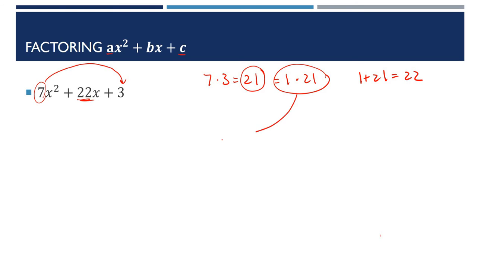So I'm going to use these two numbers over here to do something called split the middle. In the last section, we could take those two numbers and write them just as factors. If I do that here, don't write this part down because it's wrong.